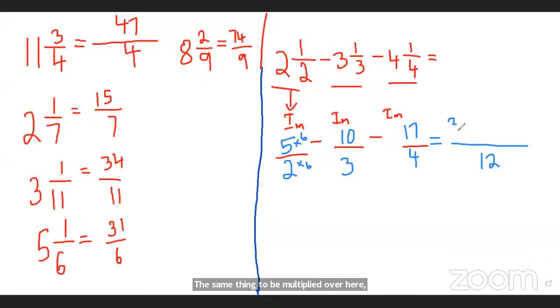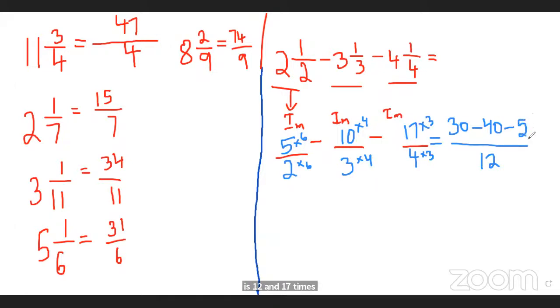5 times 6 is 30. It is done. Minus 3 times 4 is 12. 10 times 4 is 40. So that makes 40. Next, minus 4 times 3 is 12, and 17 times 3 is 51. Is done.